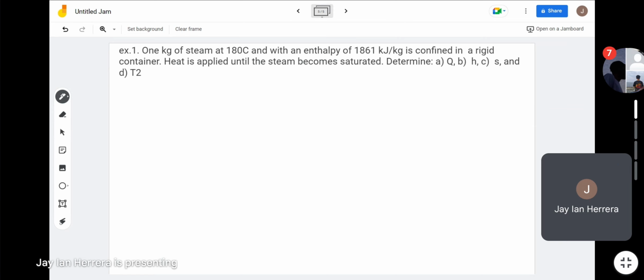So heat is applied until the steam becomes saturated.